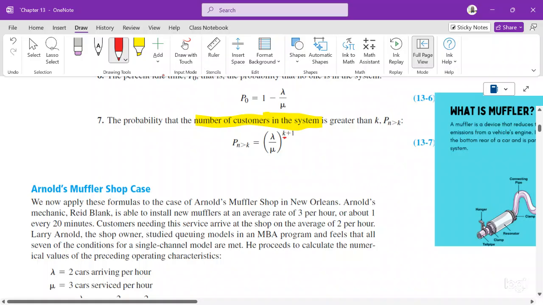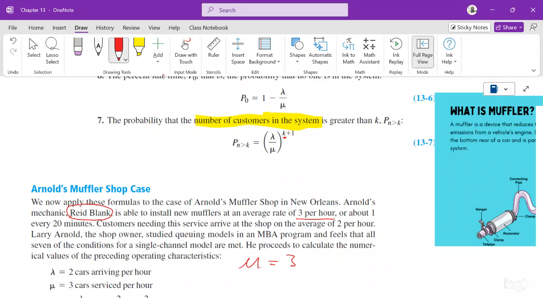Now we apply these formulas to the case of Arnold's muffler shop in New Orleans. Arnold's mechanic, Reid Blank, is able to install new mufflers at an average service rate of 3 per hour, or about 1 every 20 minutes.